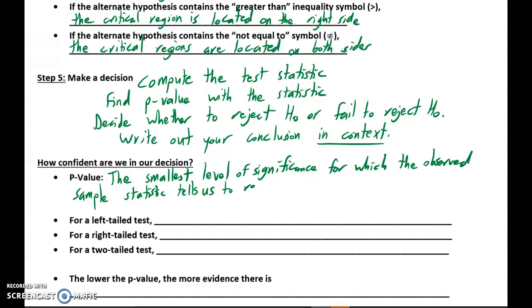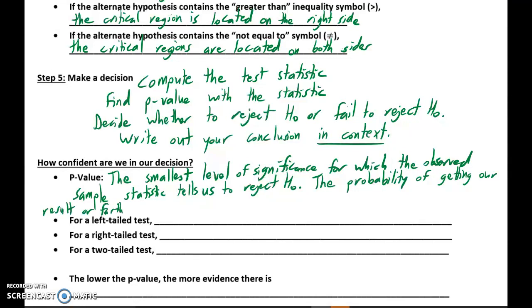It is also the probability, this is a special definition from me, of getting our result or farther if the null is true, by random chance alone. That probability we found today with the coin flipping and the dolphin activity, that was a p-value.